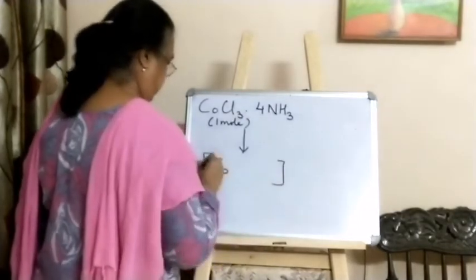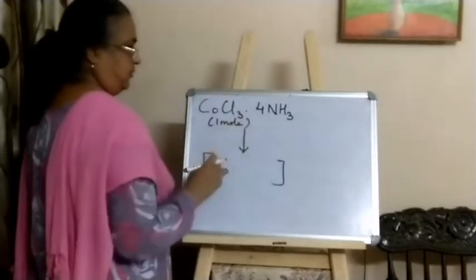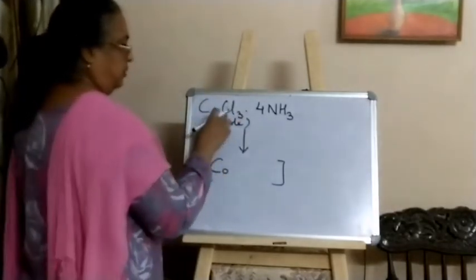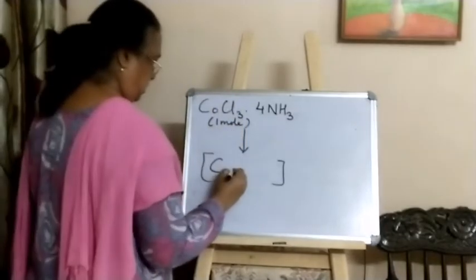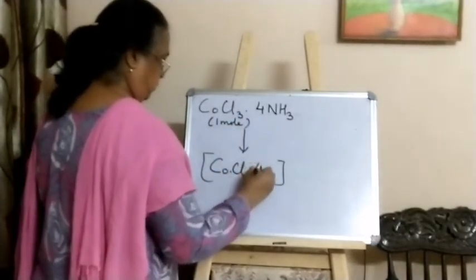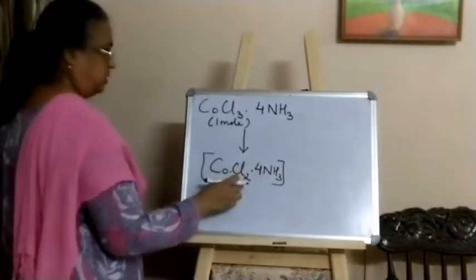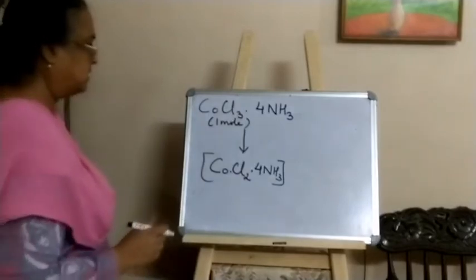Look here. Coordination number will remain 6, but we have 4 ligands of ammonia, so 2 more will be required from here. So we will have [Co(NH3)4Cl2]. So 4 and 2, 6, we have got coordination number 6.